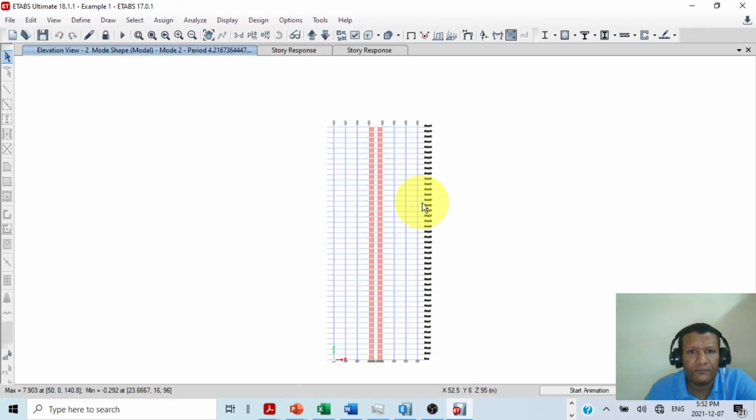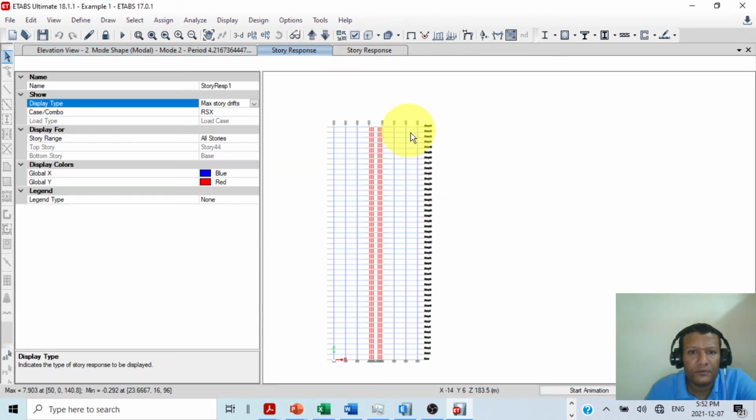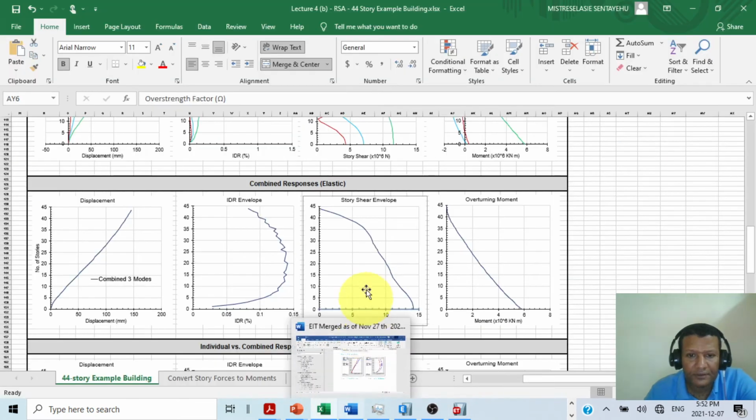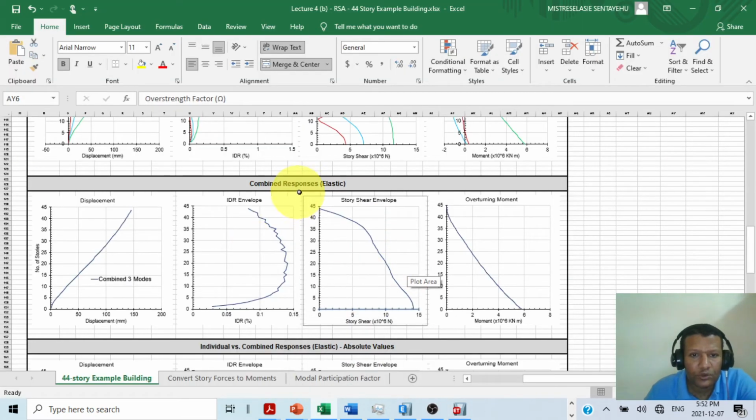Okay, this story displacement. For example, the story displacement is 1.1%. This is combined response. As you can see, it's around there.